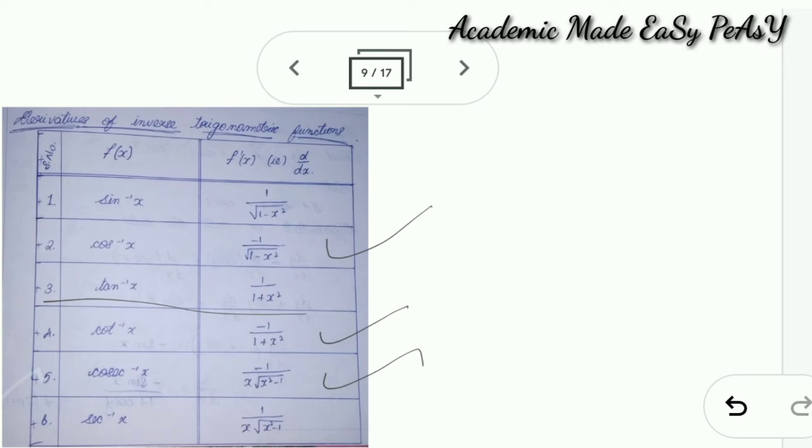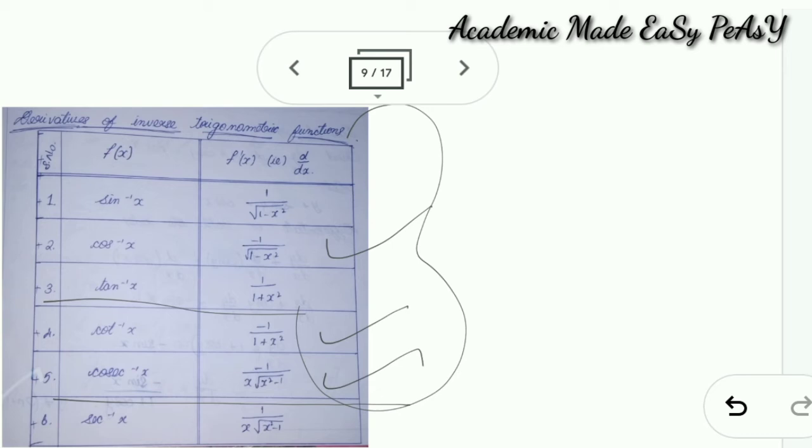Next, cot x also, it is minus 1 by 1 plus x square, and for cosecant it is minus 1 by x into root of x square minus 1, and secant inverse is 1 by x into root of x square minus 1. So you can remember all these formulas and do your sum.